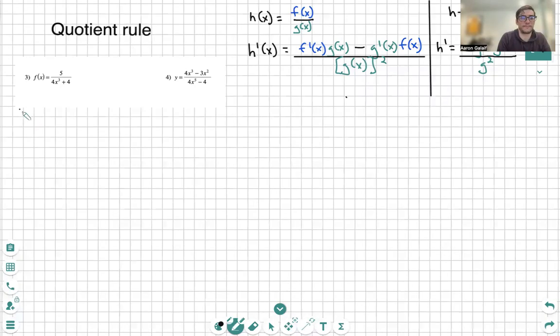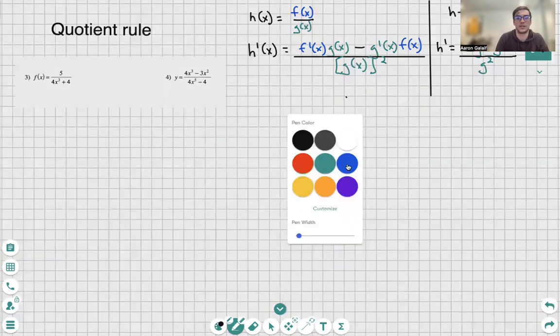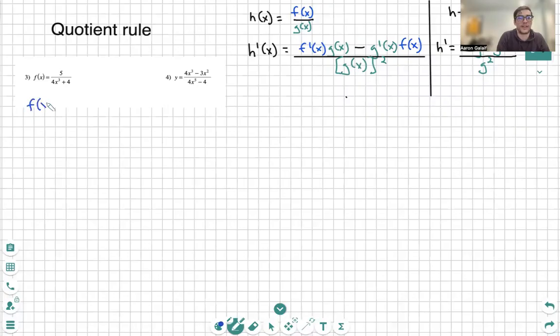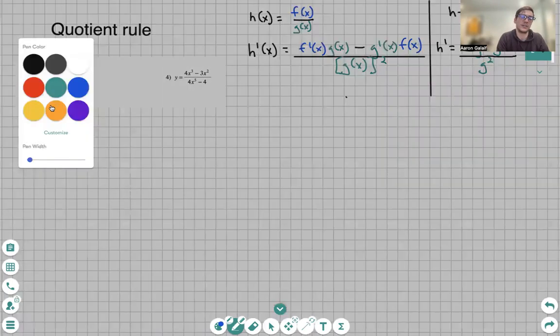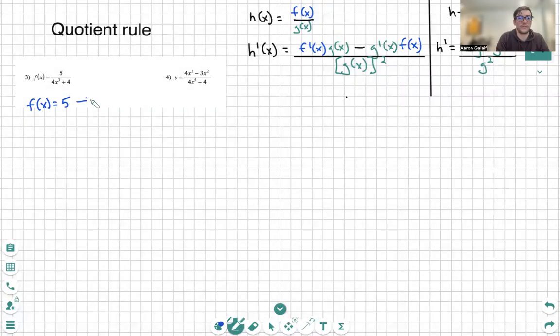So number 3, we see that f of x is the numerator, so I rewrite it. F of x is 5. Let's turn that into blue, actually, to keep the colors consistent. F of x is equal to 5. And what is the derivative of f of x?